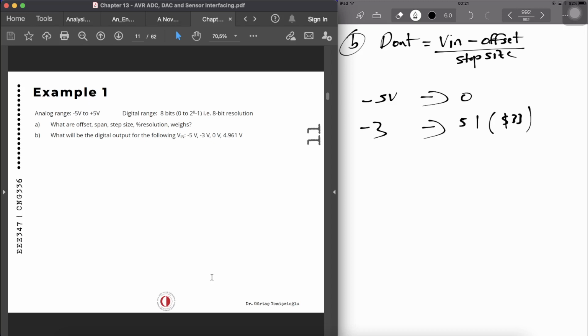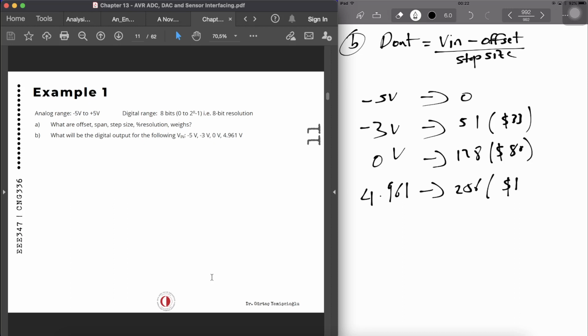You can do the calculations. For 0 volts, it's going to be 128, which is 80 in hex. And the last one was 4.961, which is 256, and that will be FF.